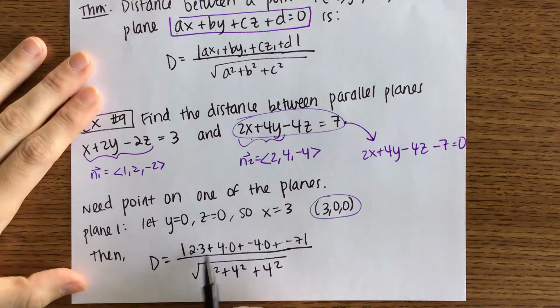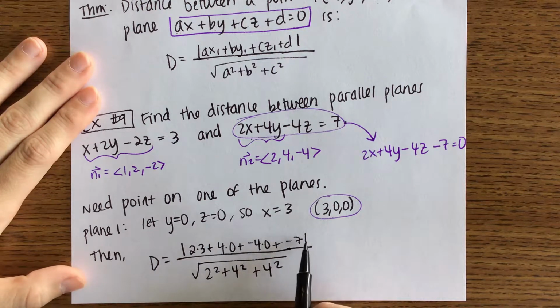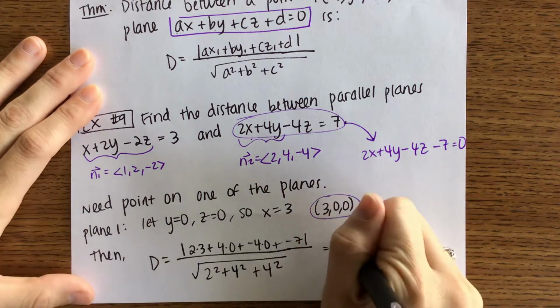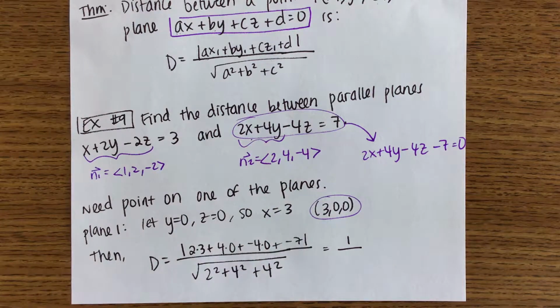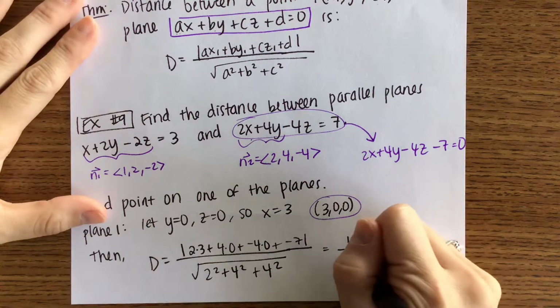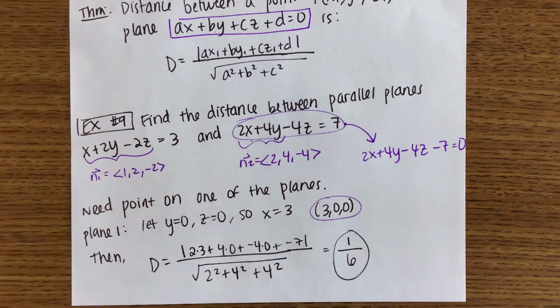Okay, so we get 6 minus 7, so negative 1, but you're taking the absolute value, so that ends up being positive 1. 16 and 16 is 32, add 4 is 36, the square root of 36 is 6. So the distance between those parallel planes is 1/6.